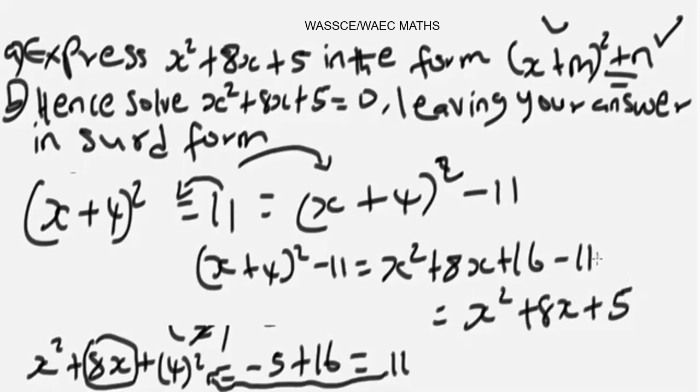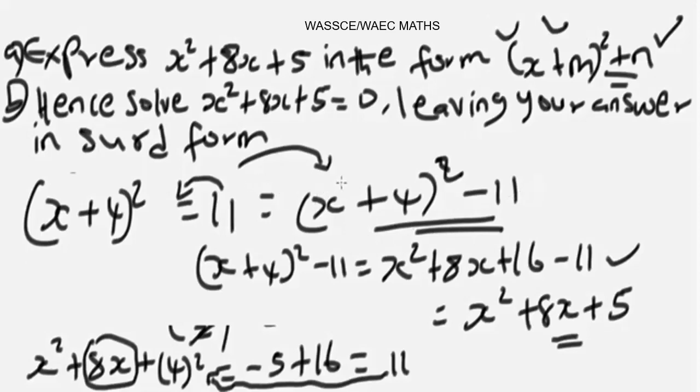So this minus 11 we need to complete the square gives us back the original expression. So this is the a part of it. For the a part, this is the only thing you have to write as your answer.